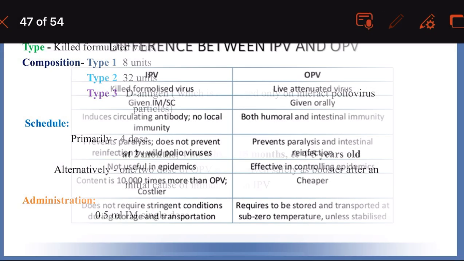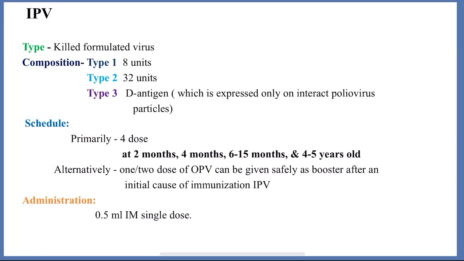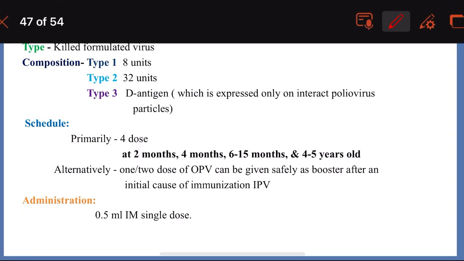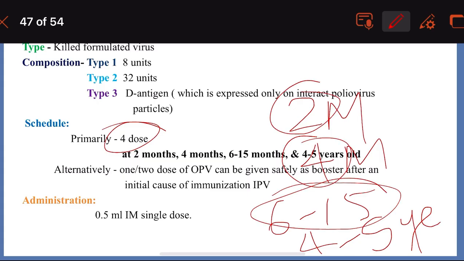What we have to focus on is the schedule. Primarily 4 doses are administered: at 2 months, 4 months, 6 to 15 months and 4 to 5 years. Is it clear? 2, 4, 6 to 15, 4 to 5.